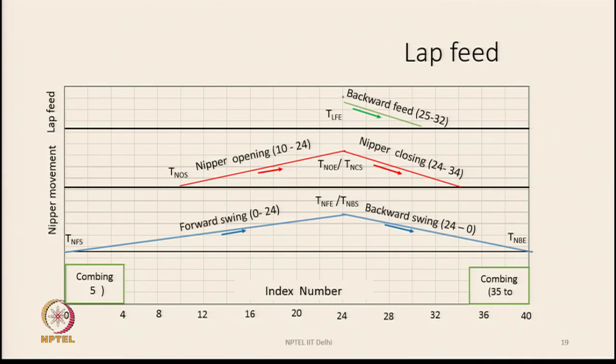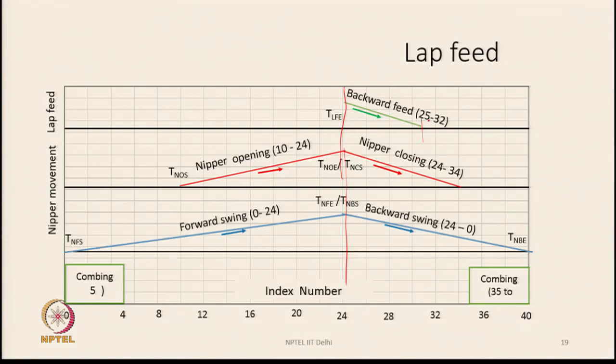If I draw a line during this journey, it will be clear that this timing definitely starts after 24, when the nippers are about to close but not fully closed. So during this journey we can feed the lap while the nipper is gradually closing, but still not fully closed. Before it is fully closed, that is by 32, the feeding is over.